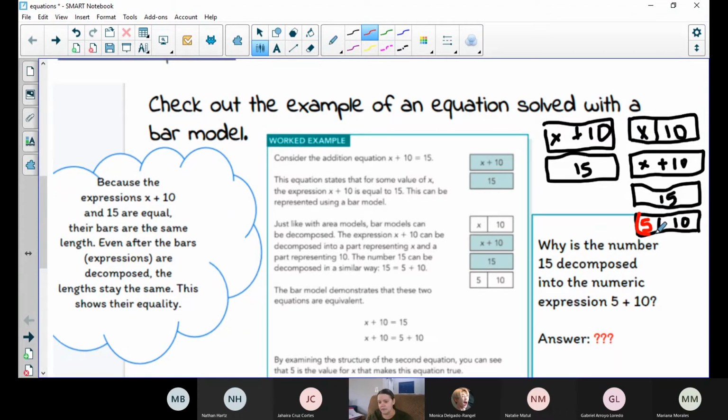Because this 5 and this x are in the same spot, I know x must equal 5. Any questions about that? Okay.